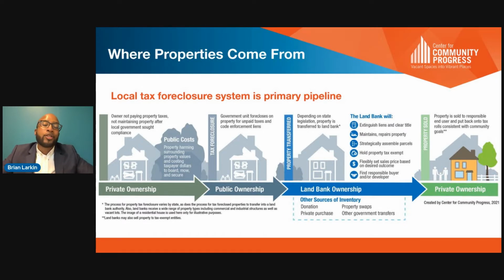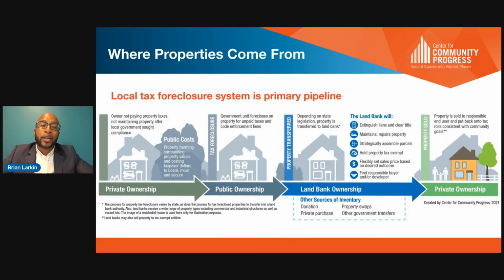Land banks can uniquely be positioned in various communities to intervene in this process, to take these tax foreclosed properties and move them through the system. One thing I'll say right now: the first question to think about when you're in a community that does not have a land bank and is interested in a land bank addressing your community goals is, what pipeline do you have for your land bank?